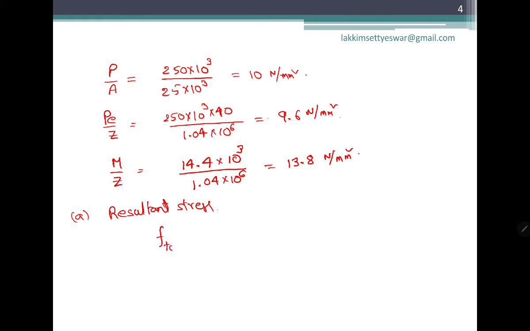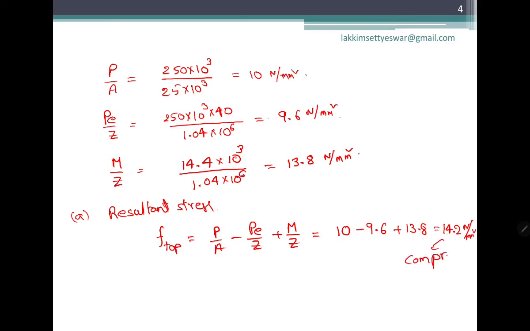So resultant stress at the top of the beam at the midsection is P by A minus P e by Z plus M by Z. So P by A is 10, P e by Z is minus 9.6, plus 13.8, equal to 14.2 Newton per mm square. This is a positive value, so this is compression stress.